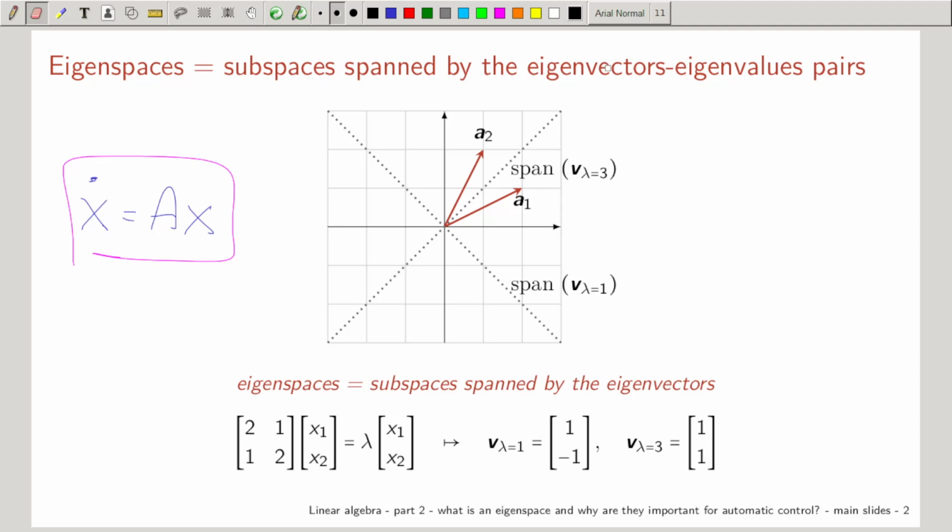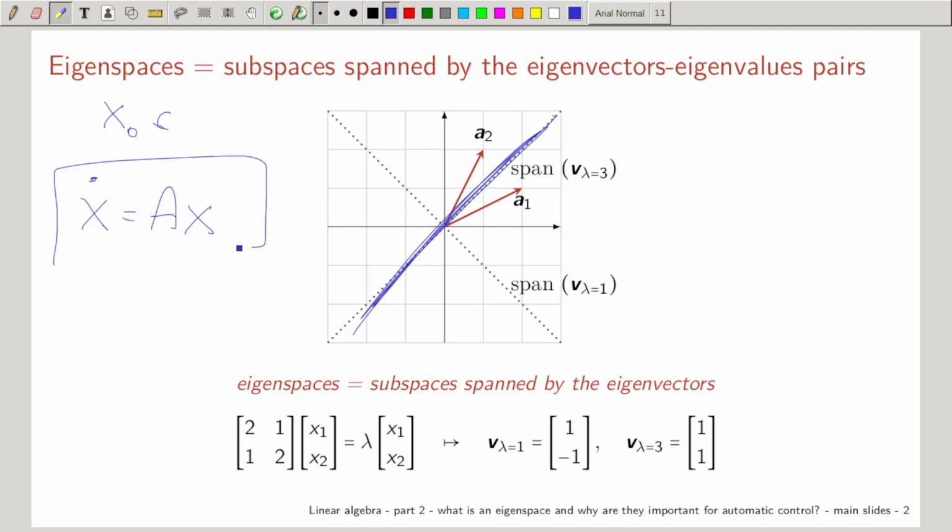Very interesting. If x0 belongs to this space here, we say that this writing can be simplified into this writing, true? That means that my x of t vectorial is going to be what? e^{3t} x0 vector. True? See?